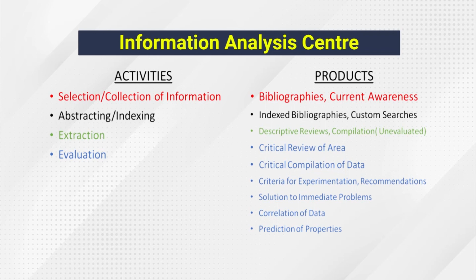It could be extraction of information also, where you extract some information and provide it as a descriptive review or as a compilation. It is just extracted, meaning it has been taken out of the original source. You have not done anything in addition to that, it has just been culled out. That is why you say it is extraction.